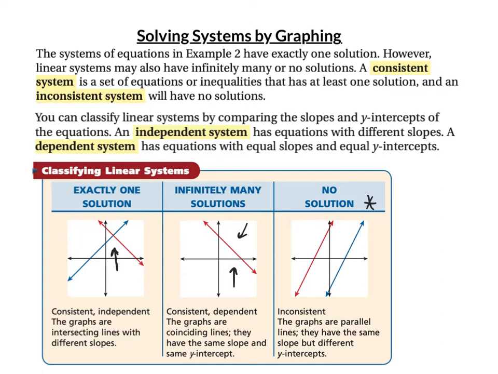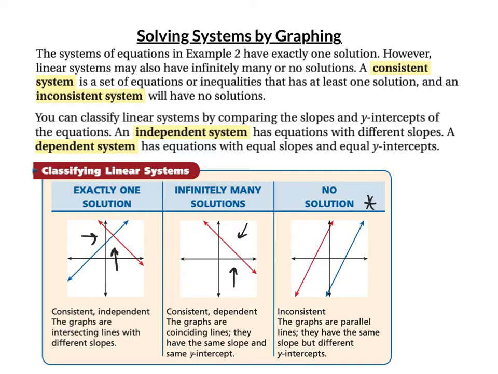A couple more definitions. If you have an independent system, it says that they have different slopes. But what that essentially means is that they have a unique solution. An independent system has one solution, a unique solution. A dependent system doesn't have unique solutions.